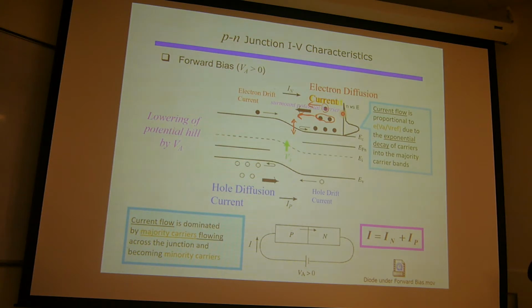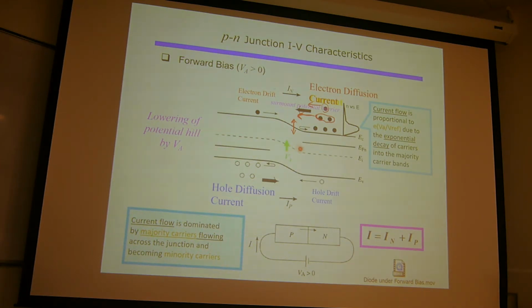You can apply a similar argument to the hole here. Then the hole barrier also reduces, and you have more holes that can diffuse over. This also exponentially depends on the barrier height. So any questions here?